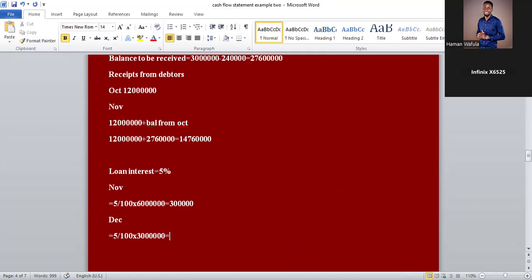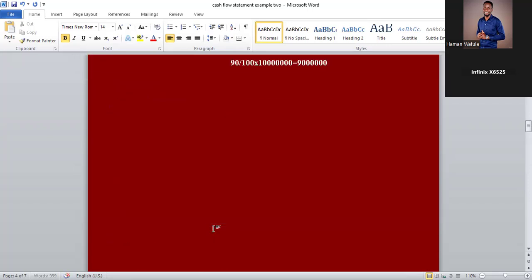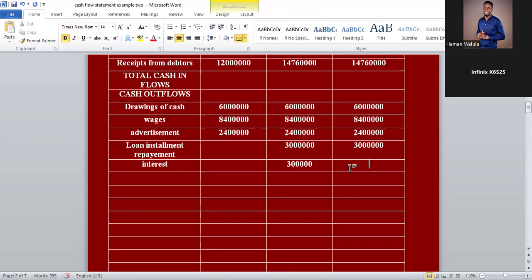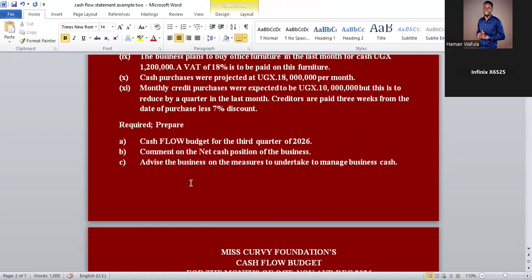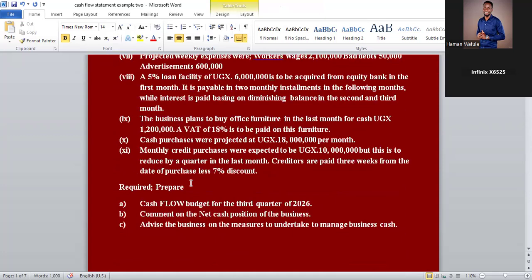So we shall now have 150,000. So interest here will be 150,000. Then we go to the next cash outflow.